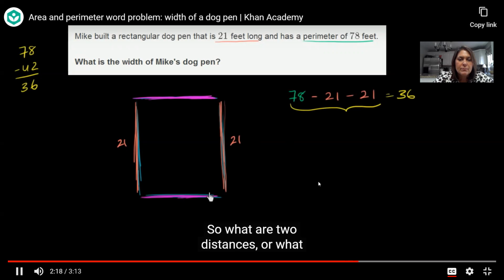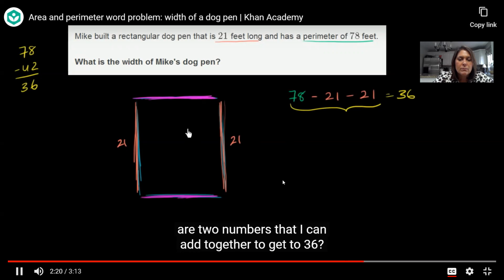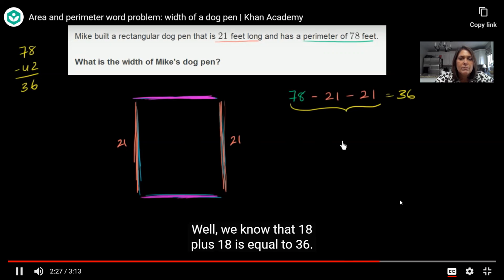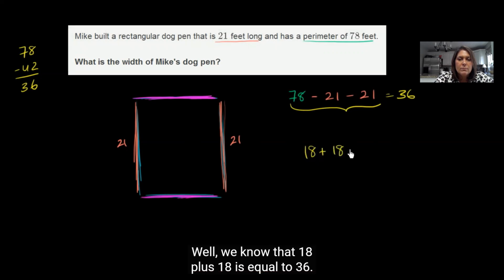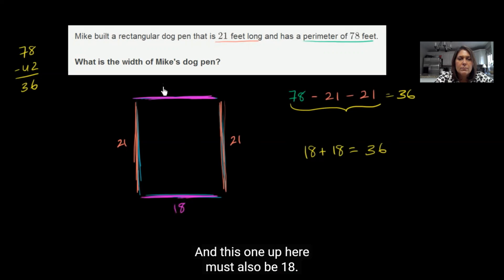So what two numbers can I add together to get 36? Well, 18 plus 18 is equal to 36. So this one down here must be 18, and this one up here must also be 18.